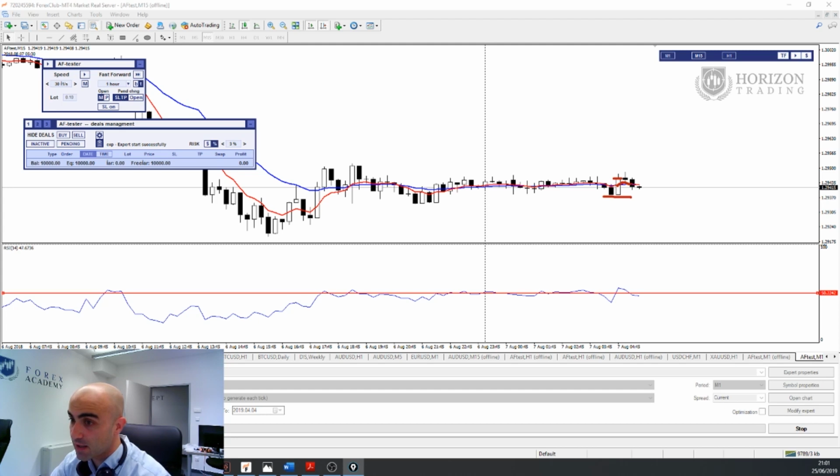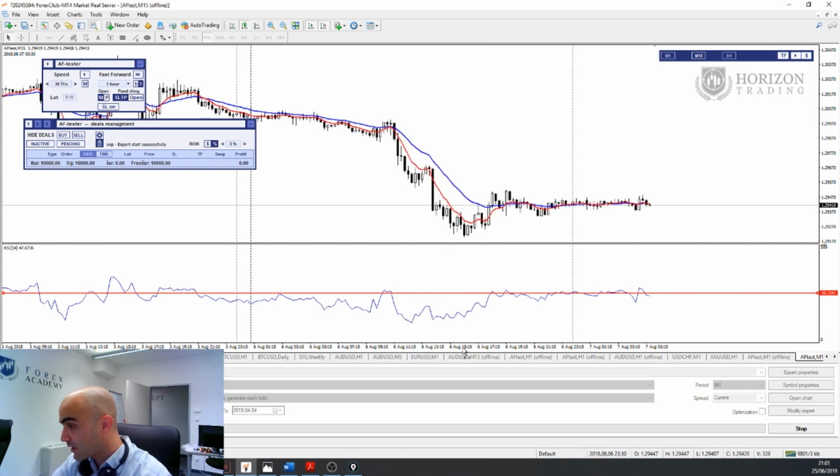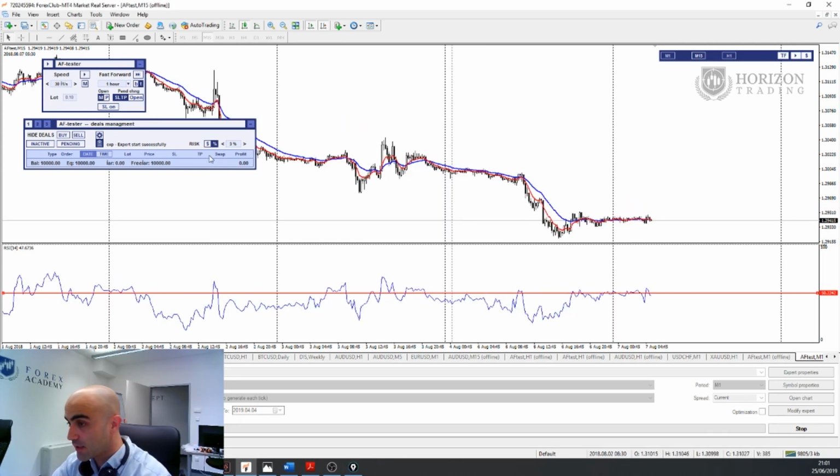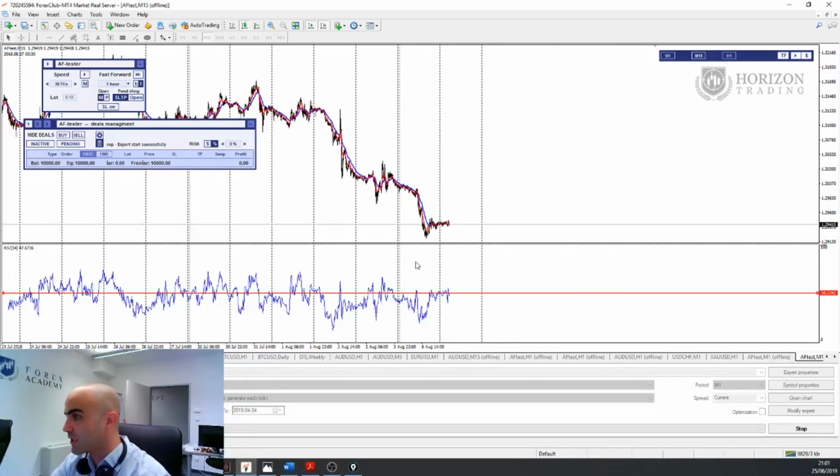So maybe a little signal that something is changing within the market, probably a pullback. Let's see how it is. Probably we're gonna look for a pullback, retesting the price, and then go back down, I believe, since the trend seems to be pretty bearish for the GBP USD currency pair, as you can see here from a different perspective.